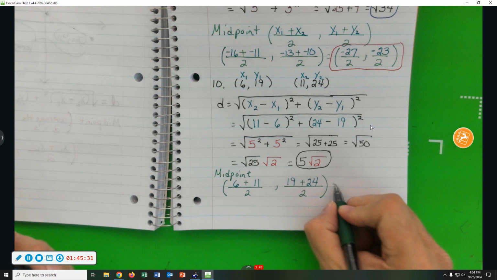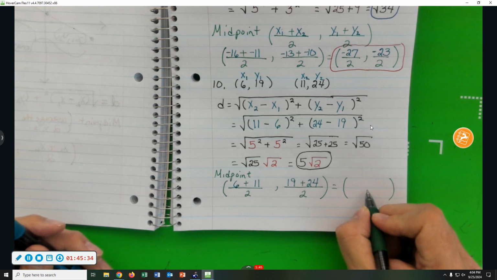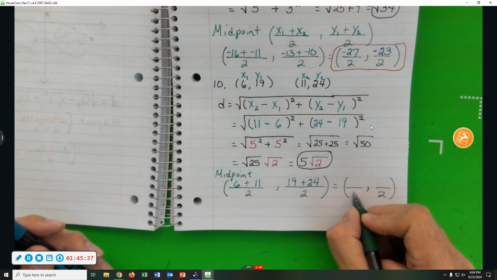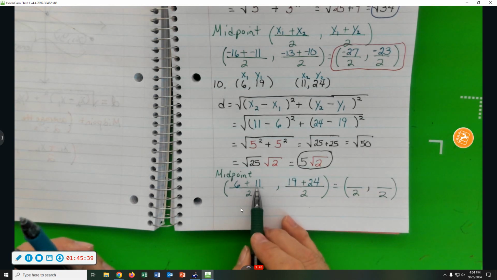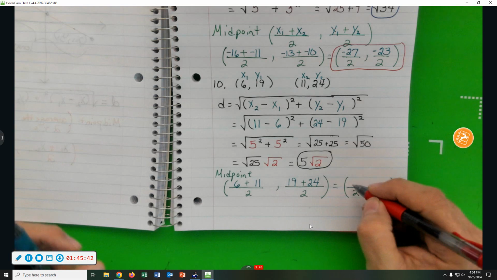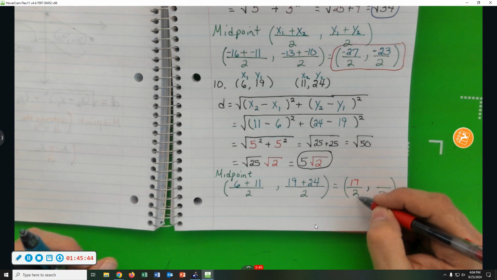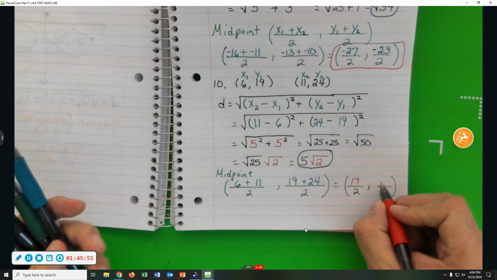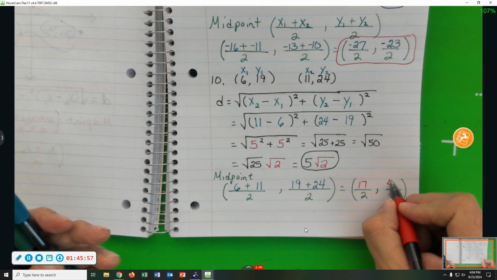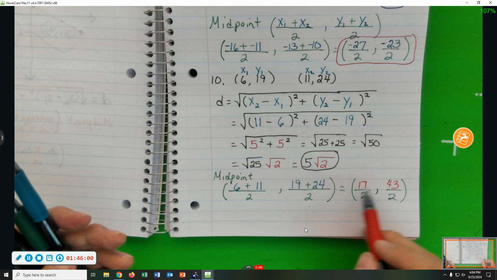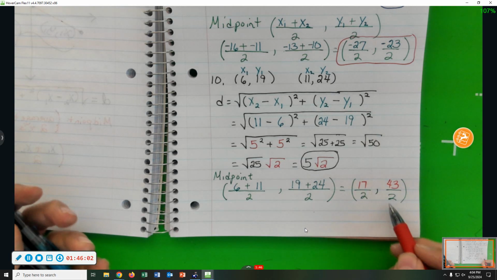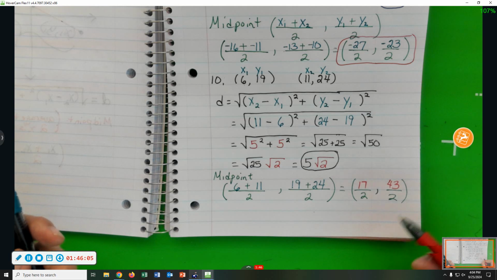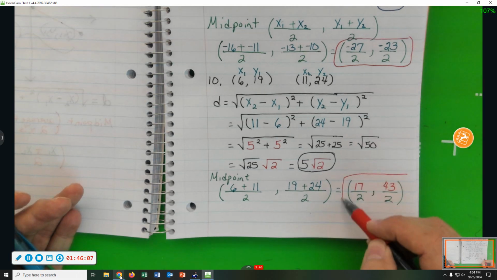And let's see what we're going to get here. 6 plus 11, 17. So we have 17 over 2. And what about 19 plus 24? Is that going to be a 43? Can we reduce either of them? Does 2 divide into 17 or 43? Am I finished? Yeah.